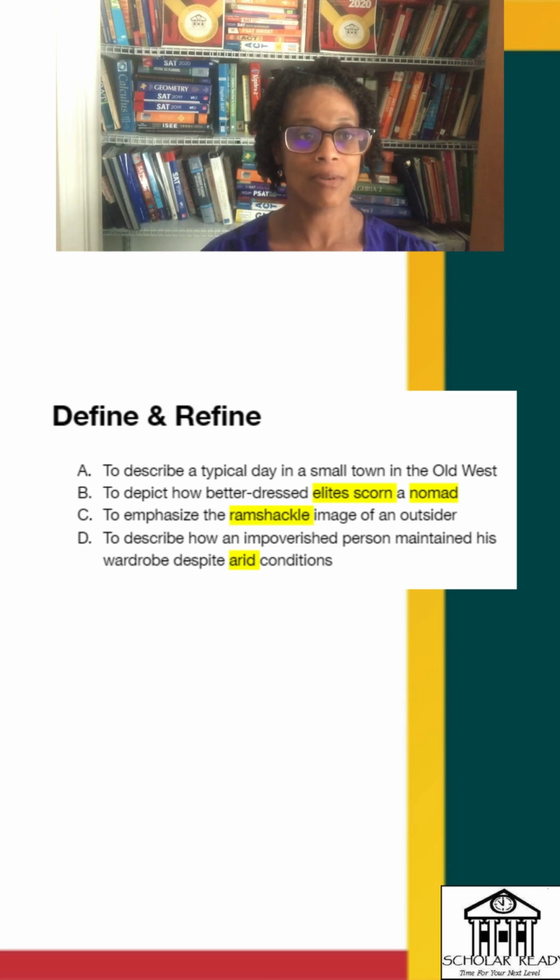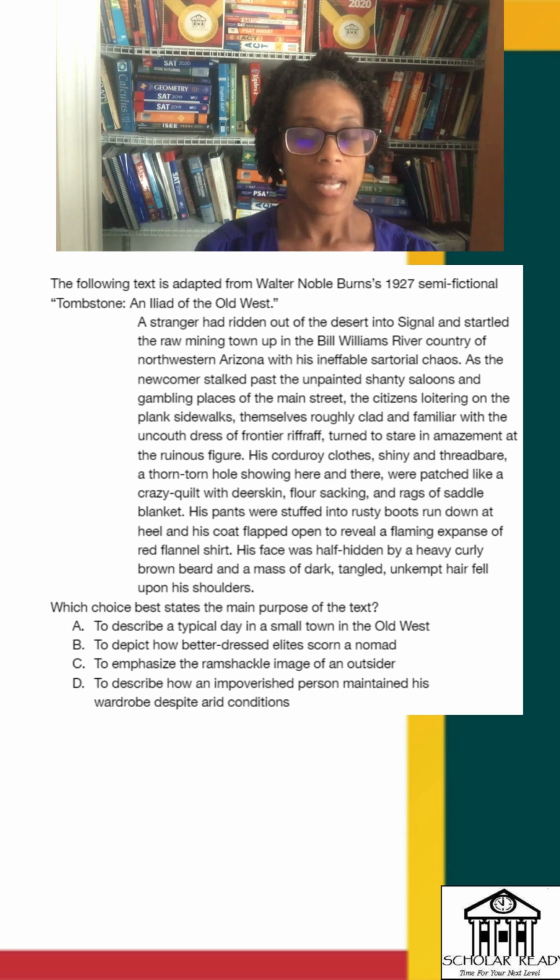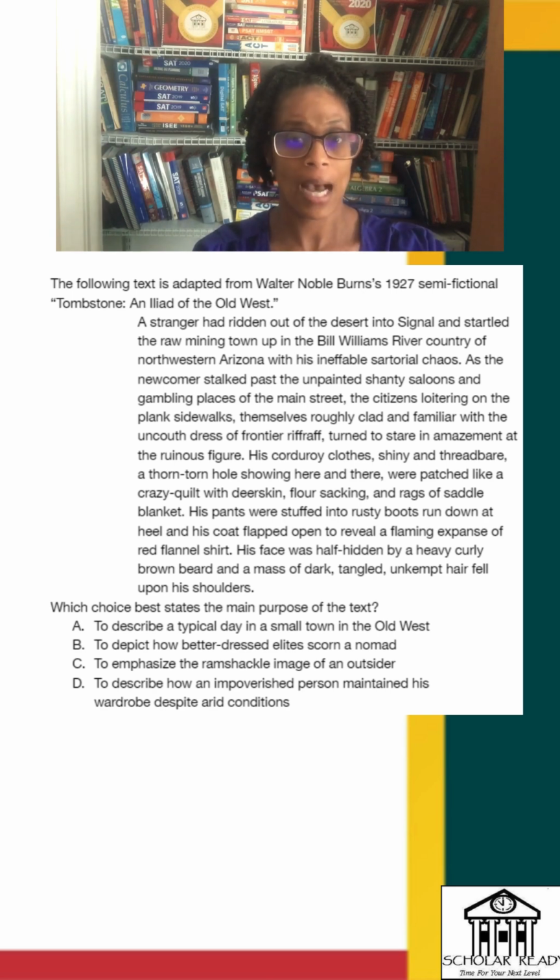And arid refers to a dry place, almost like a desert. Now that we've refined and defined the answer choices, let's find the answer choice that best matches my own words, which are, hey, the purpose of this is to let us know how bad this person was dressed, how raggedy the person looked from head to toe.